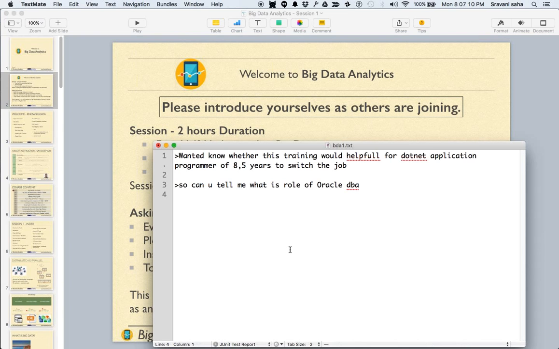Today's session is open for all. Today's session is kind of common, with only slight differences from the big data and Hadoop session. So do not worry, attend today's session. You will get a fair amount of idea about the Hadoop ecosystem and the big data ecosystem in general, and then you can take a call at a later point of time.